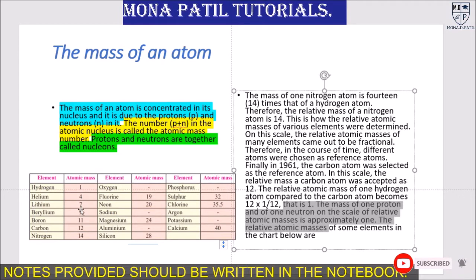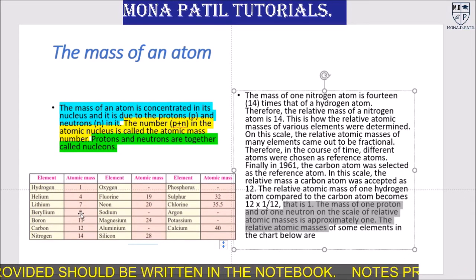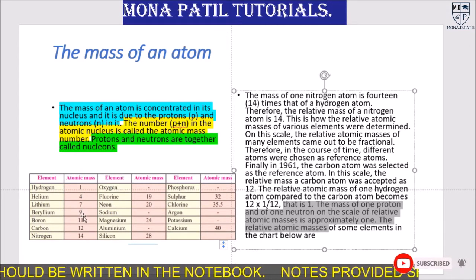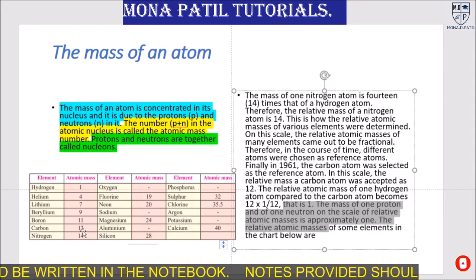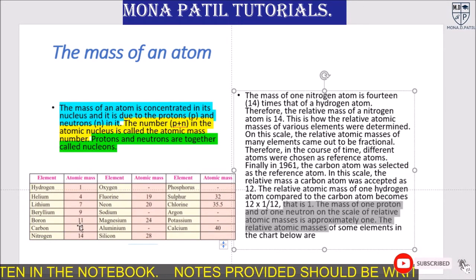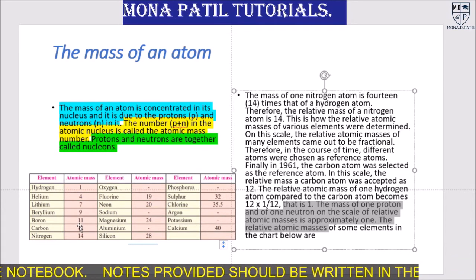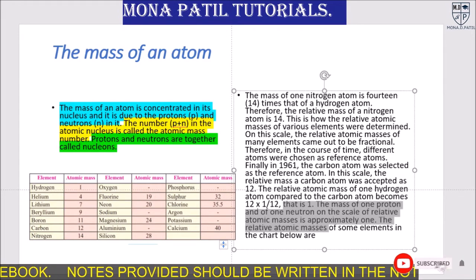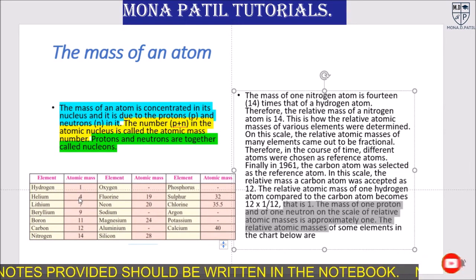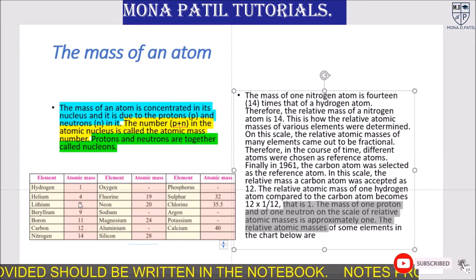Lithium 7, beryllium 9, boron 11, carbon 12, nitrogen 14, and you can see this atomic mass number is double the atomic number. Suppose helium has atomic mass 4 and its atomic number is 2. It's not compulsory for all the elements, but normally it is like that.